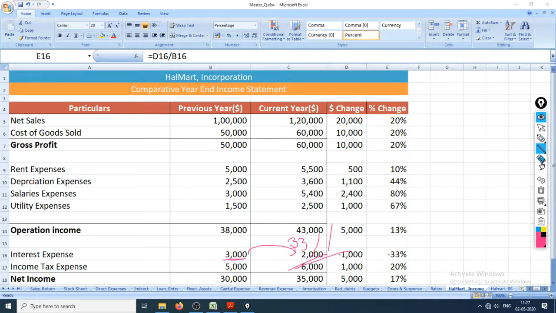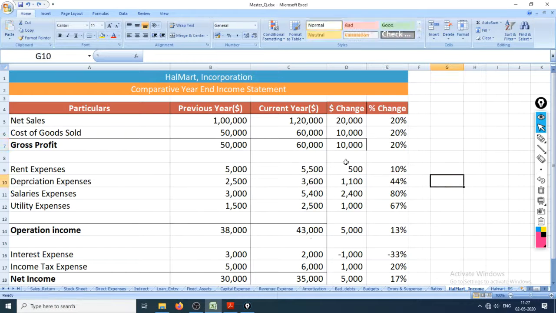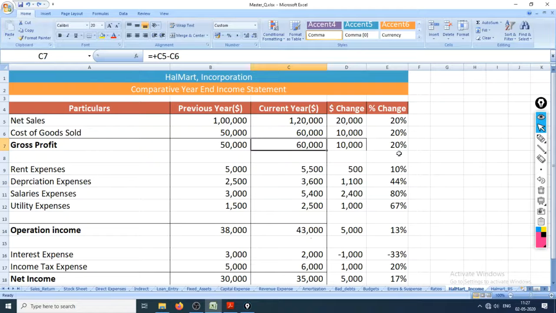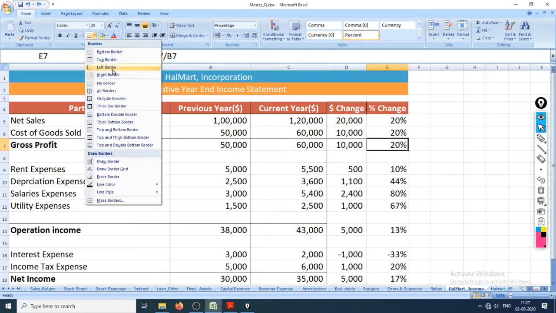Jokes apart, I'll tell you what the analysis says right here. Suppose you have a company here, Hallmark Incorporation. I'll do the formatting later on.